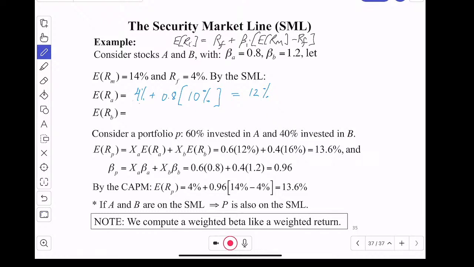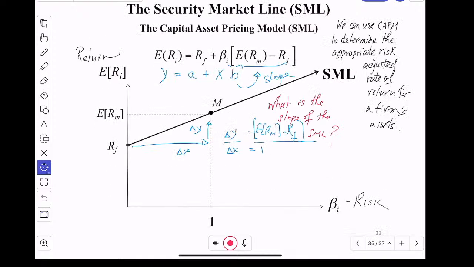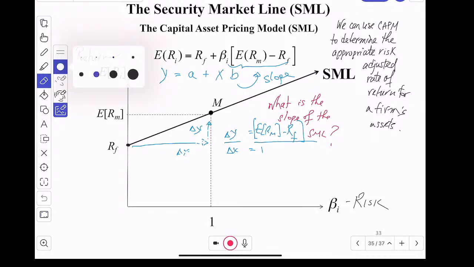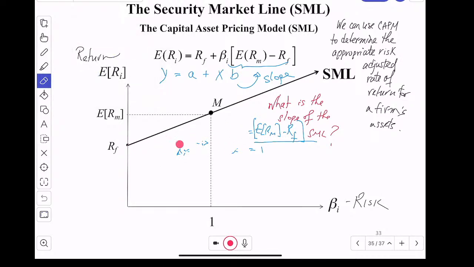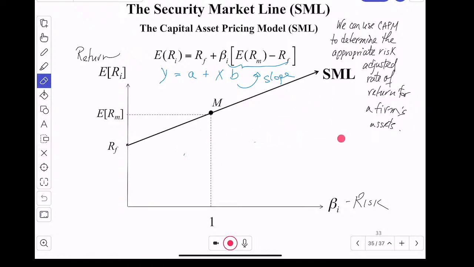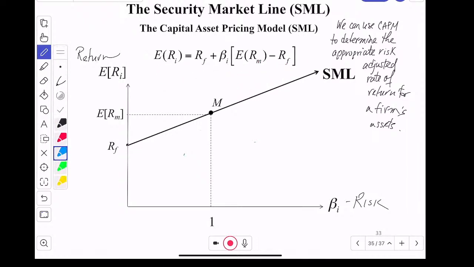So what we see is that when A has a beta of 0.8, its return is 12%. So if I was to put it on here, I'm going to erase this. So if I put it on here, let's put all the information that we have.